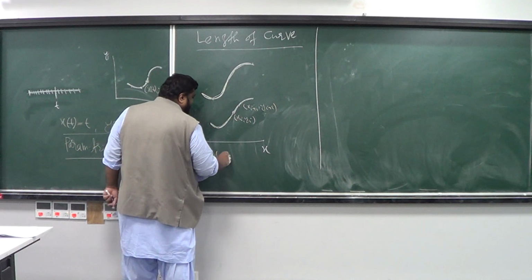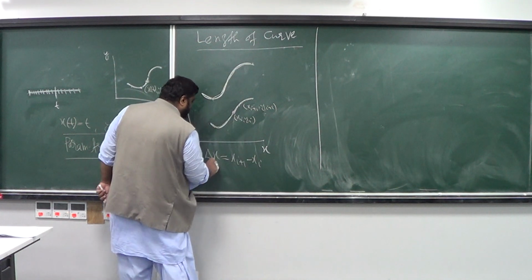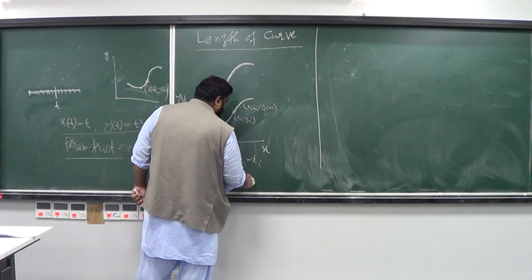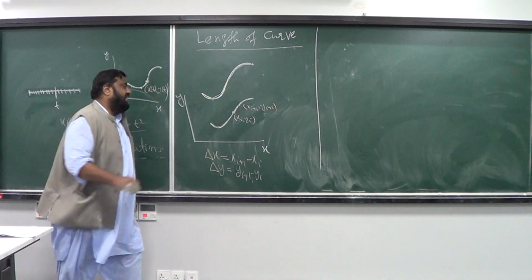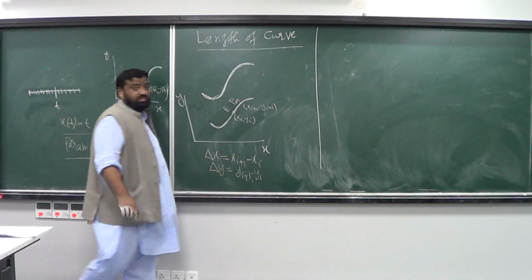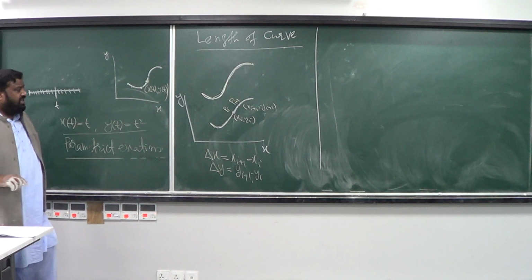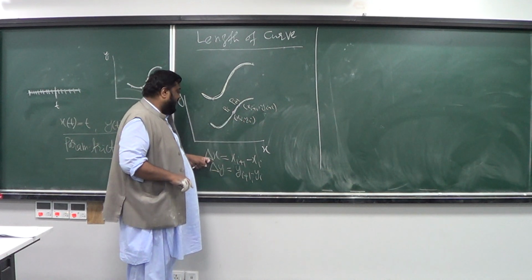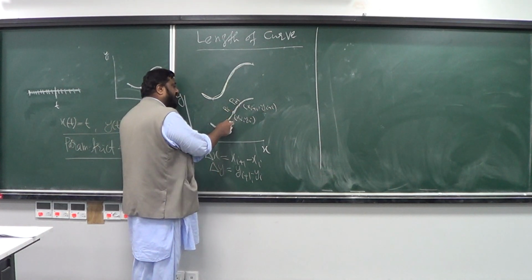If I call delta x as xi plus 1 minus xi, and delta y as yi plus 1 minus yi, and say this point is pi and this point is pi plus 1, the change in the coordinates from xi to xi plus 1 is delta x, and from yi to yi plus 1 is delta y, and this is the same for all segments.